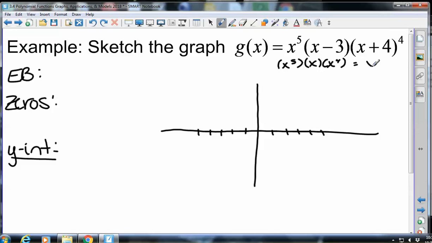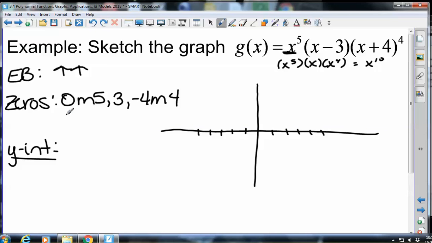So overall, you get an x to the 10th. So what's it gonna look like? Up, both ends pointing up, it's gonna be like x squared. Your zeros, this one's going to give us 0 multiplicity 5. This one would be 3, and this would be -4 multiplicity 4. Are we okay there?